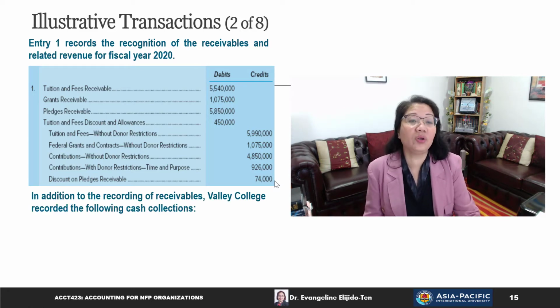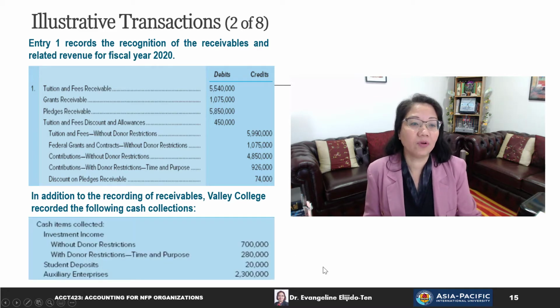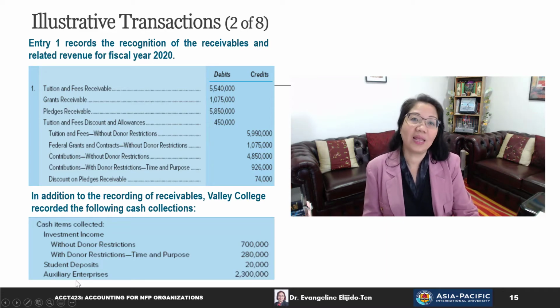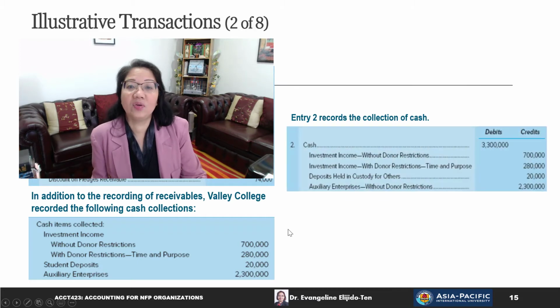In addition to the recording of receivables, Valley College recorded the following cash collections. So they have collected for investment income without donor restrictions $700,000, with donor restrictions as to time and purpose $280,000, student deposits of $20,000 were also collected, and auxiliary enterprises cash collection amounted to $2,300,000. We will be entering this by debiting cash for the full amount.